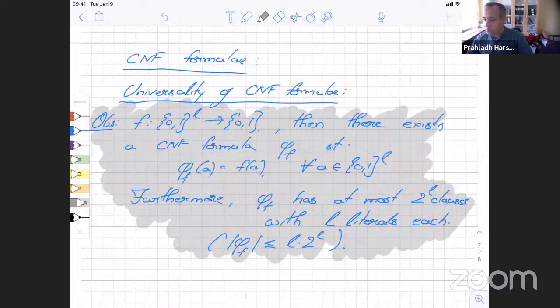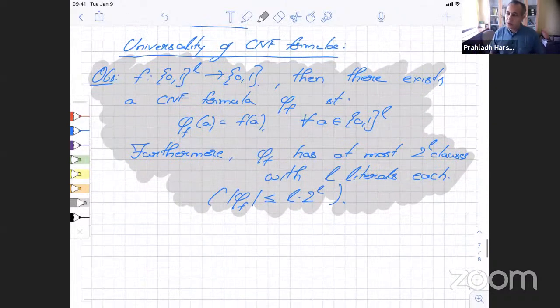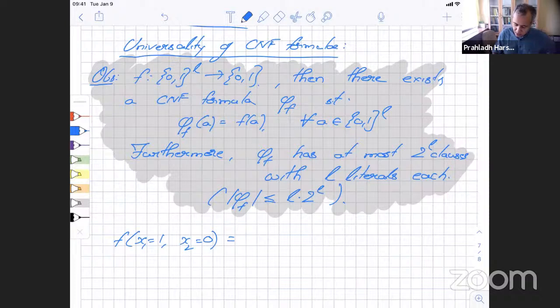So for an assignment that is mapped to 0, say x1 equal to 1, x2 equal to 0, and so on, I have a clause where, whichever place has a 1, I put the negated variable, and where it has a 0, I put the variable itself. For example, if f with x1 equal to 1, x2 equal to 0 happens to be 0, then I put the clause x1 bar or x2.